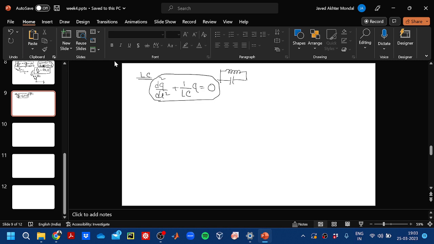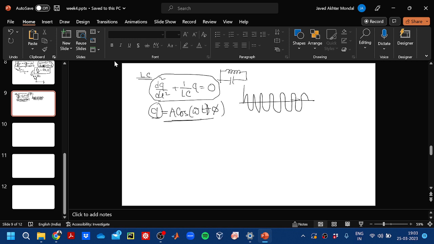Here the solution will be of this kind: A cos omega t plus a phase factor. So this is our charge.